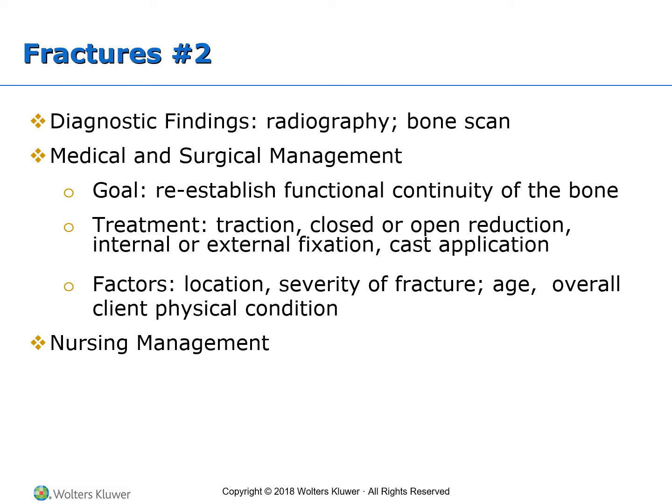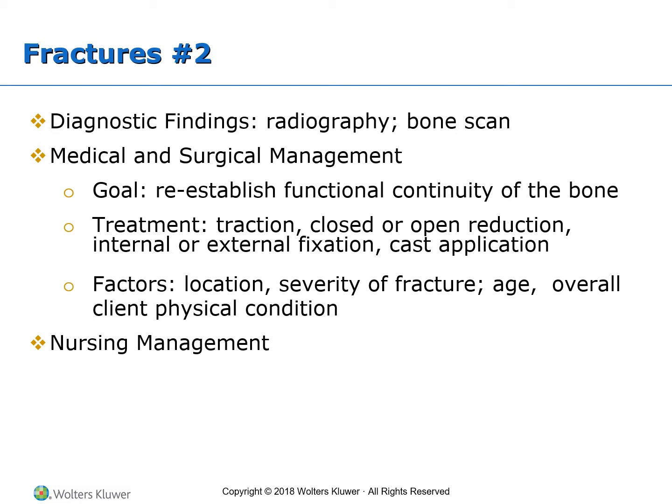In some cases, an MRI or CT scan may be necessary. Medical and surgical management. The goal is to reestablish functional continuity of the bone. Treatment includes one or more methods: traction, closed or open reduction, internal or external fixation, or cast application.